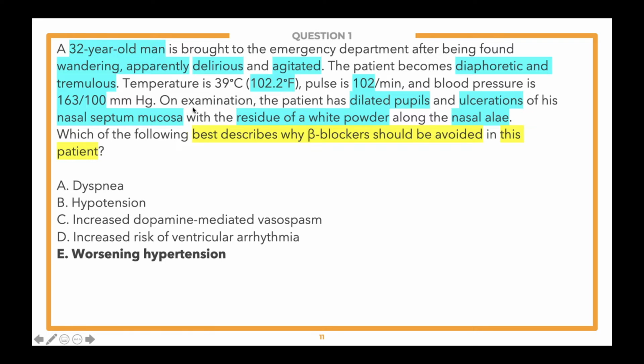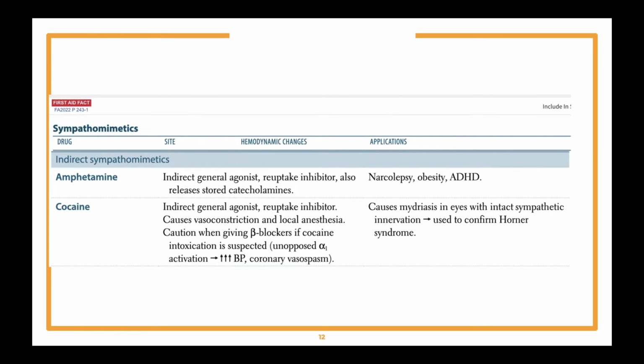If we take a look at the next slide, what you'll see here is a little bit of information on cocaine use and its role as a sympathomimetic, okay? So it is a reuptake inhibitor and it causes vasoconstriction, okay? It's a sympathomimetic that causes vasoconstriction.